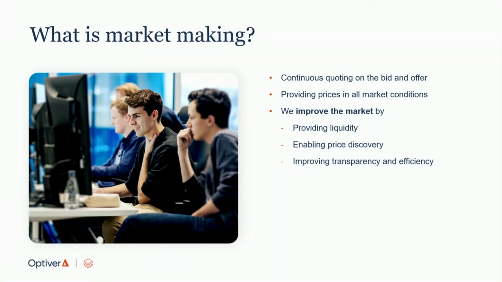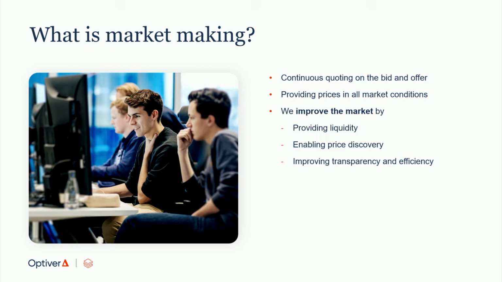So what is market making? As a market maker, we provide buy and sell prices continuously to the exchange. Regardless of market condition, we're always willing to trade in all market conditions. If this still sounds a bit abstract, let me give you two examples. The first example is when the market is very busy.